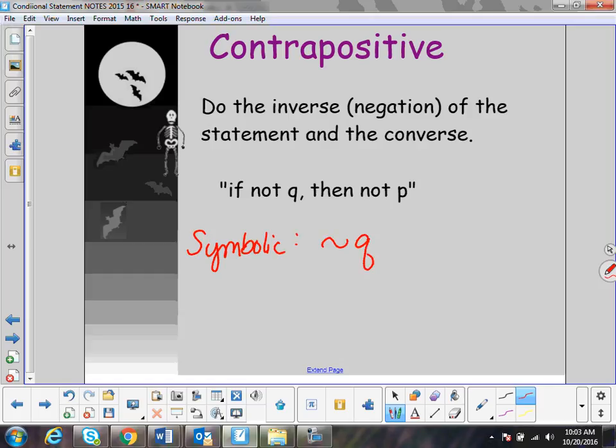Not Q, and not P. Okay, so as soon as you write that down, see if you can write the contrapositive of that statement again on that last line.